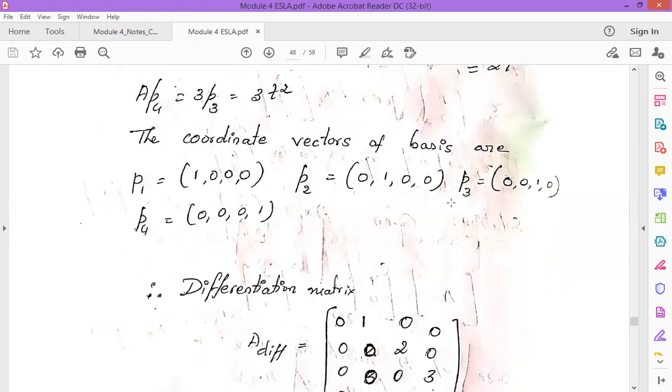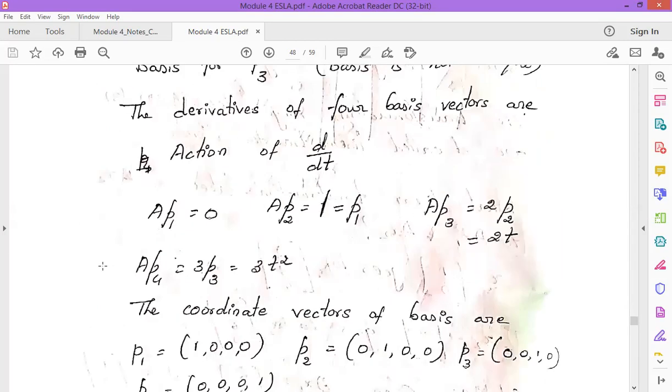Similarly for P3, since it consists of only t square, in place of t square we are going to make it as 1 and the other elements as 0. And similarly for P4, since it consists of only t cube, here t to the power 0 is 0, t to the power 1 is 0, t to the power 2 is also 0. So making all these elements as 0 and the t cube as 1, you will be getting the coordinate vectors.